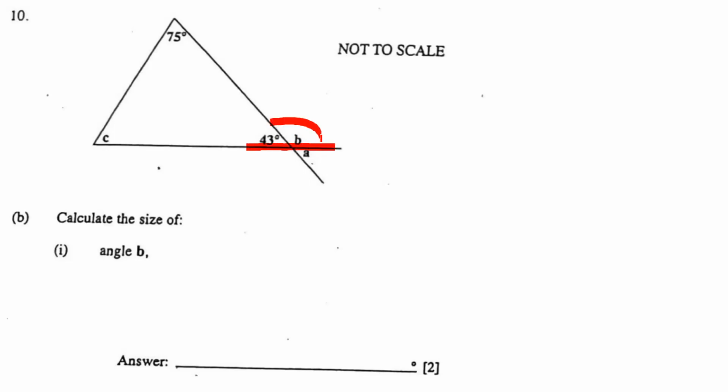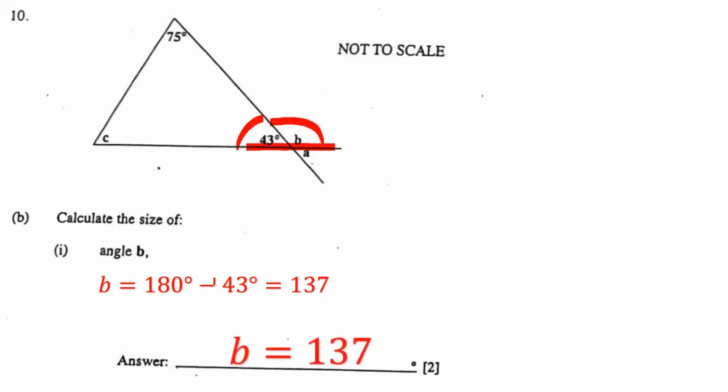And we know that angles on a straight line at a common point add up to 180 degrees. So that means that angle B and 43 must add up to 180 degrees. In order to find out what B is, we have to take away 43 from 180 degrees, and that should give us 137. And so B is equal to 137.